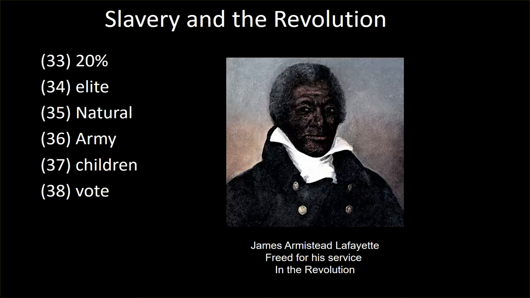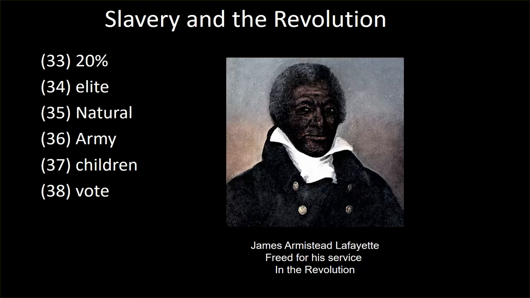And they were often not explicitly promised freedom, but many received it after the war. And in 1783, once the war had ended, the Virginia state legislature just issued a blanket emancipation for any slave who had served in the army.